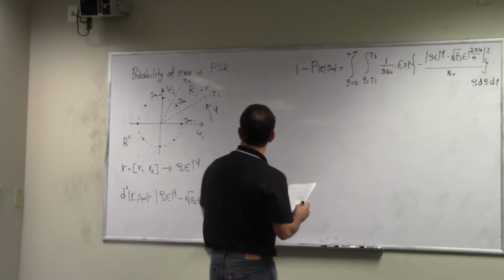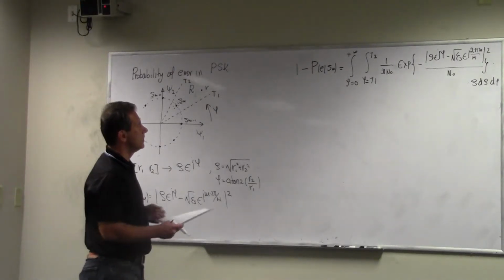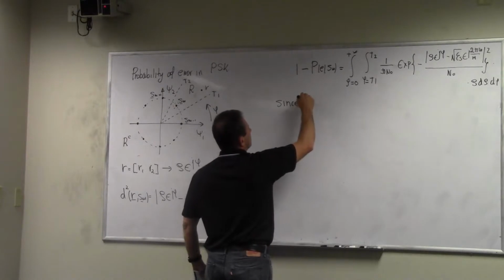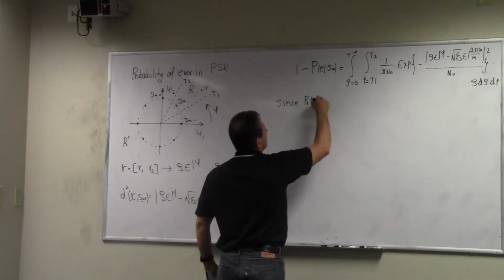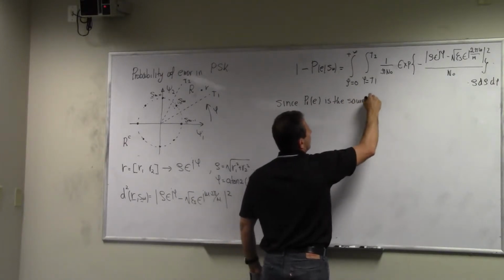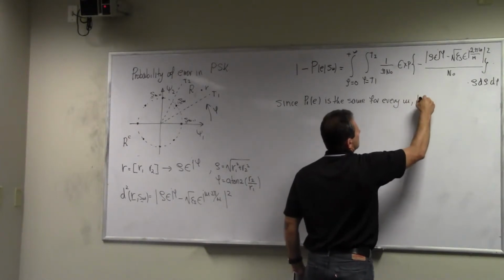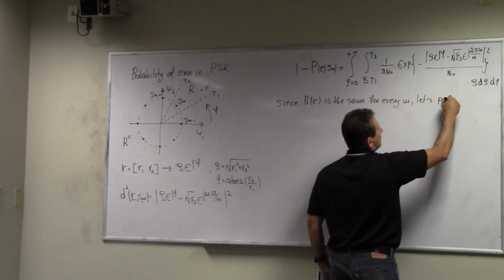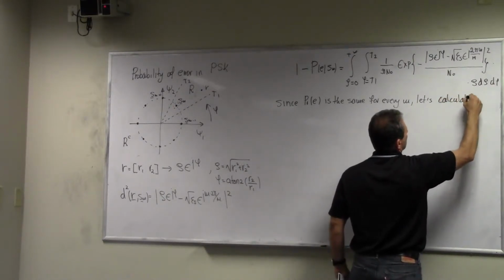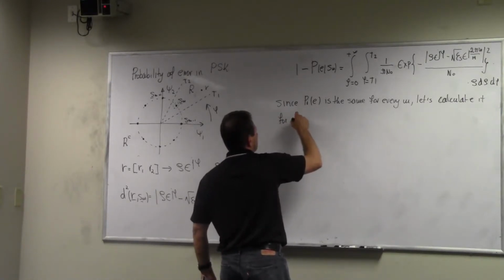So given that that's the case, I can simplify my calculations by saying that since the probability of error is the same for every m, let's calculate it for m equals 0.